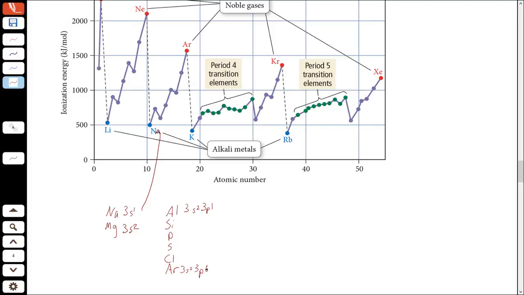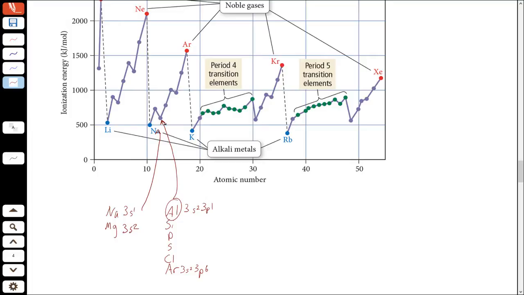What we're basically saying is that the ionization energy of aluminum, which is right there, is lower than expected. So instead of continuing that trend upward, it jumps down. And we might say that the reason for that is because removing that 3p electron, which is a little bit higher in energy, leaves a full s shell. So you're removing an electron that's a little bit higher in energy, and it's maybe a little bit less energy than we expected to remove that, to leave the whole shell.